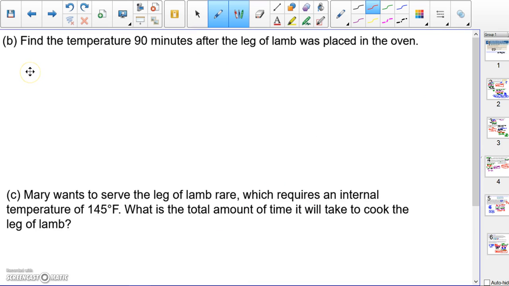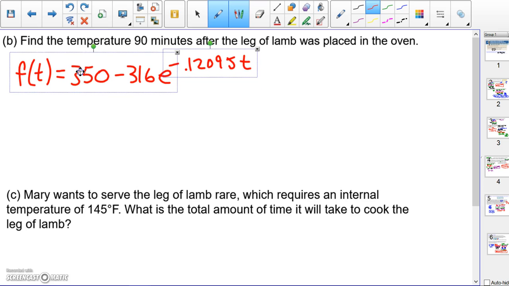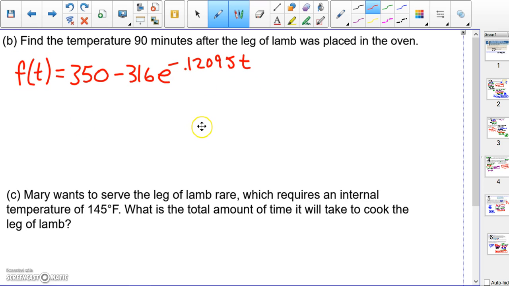Find the temperature 90 minutes after the leg of lamb was placed in the oven. Well, remember the formula that we had from before. 90 minutes, t equals 1.5 hours, so we're just going to plug in 1.5 into our formula.